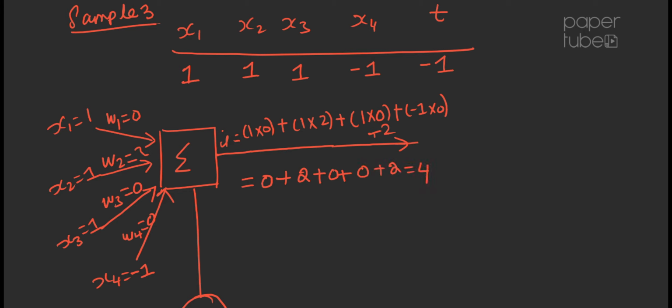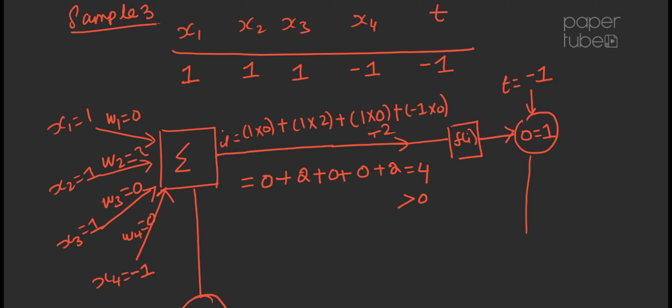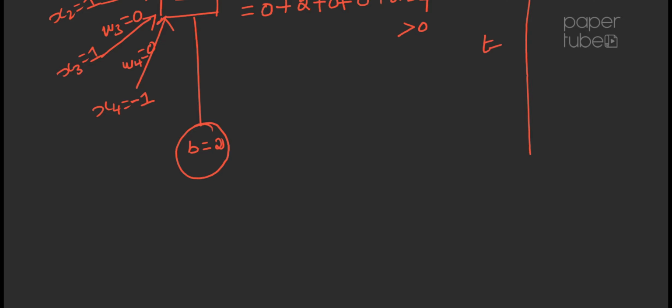So this will be fed to the box containing the propagation function, which is a function of I. So this is greater than 0, which means it will fire an output equal to 1, and we know that target is equal to -1. So clearly your target is not equal to your net output. So what we need to do is change the weights.